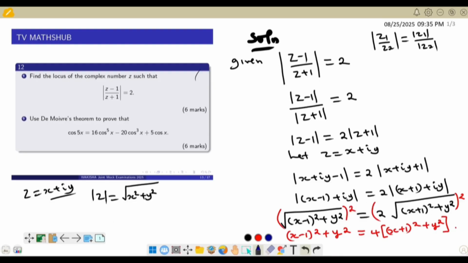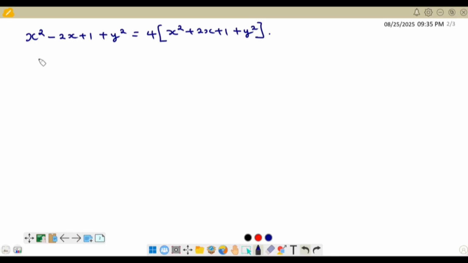Now we simplify this expression, and it will be the same as x squared minus 2x plus 1, then plus y squared, which is equal to 4x squared plus 8x plus 4 plus 4y squared. From this point, we collect like terms.